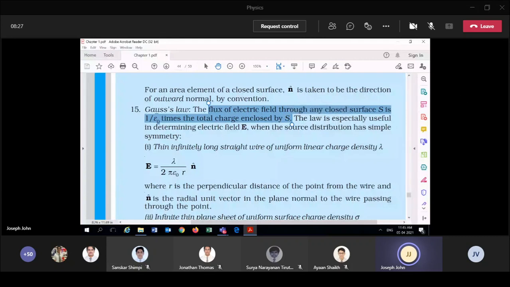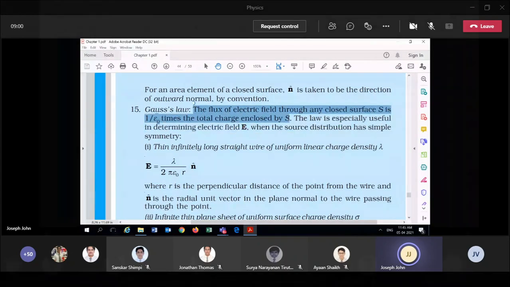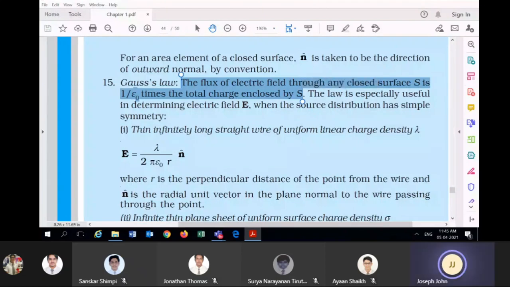The flux of electric field through any closed surface is 1 by epsilon naught times the total charge enclosed by S. If they are asking the statement, you have to write like that. Understood?